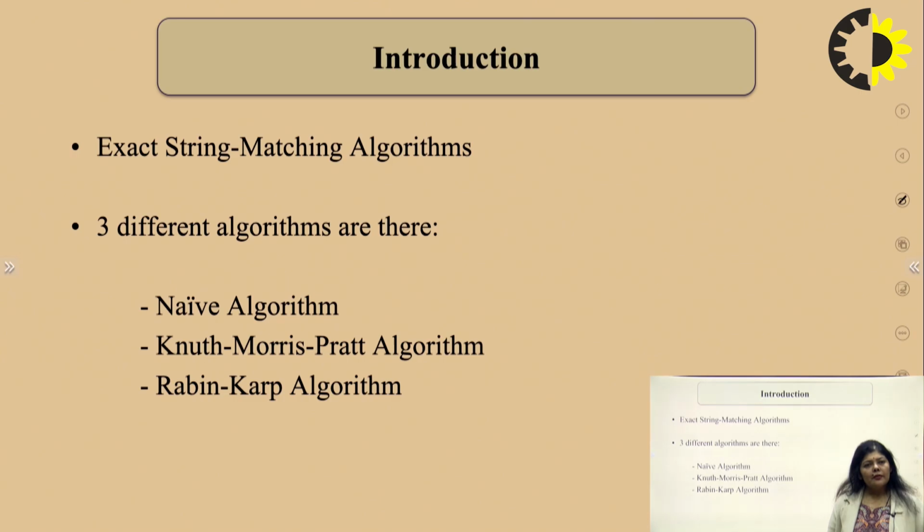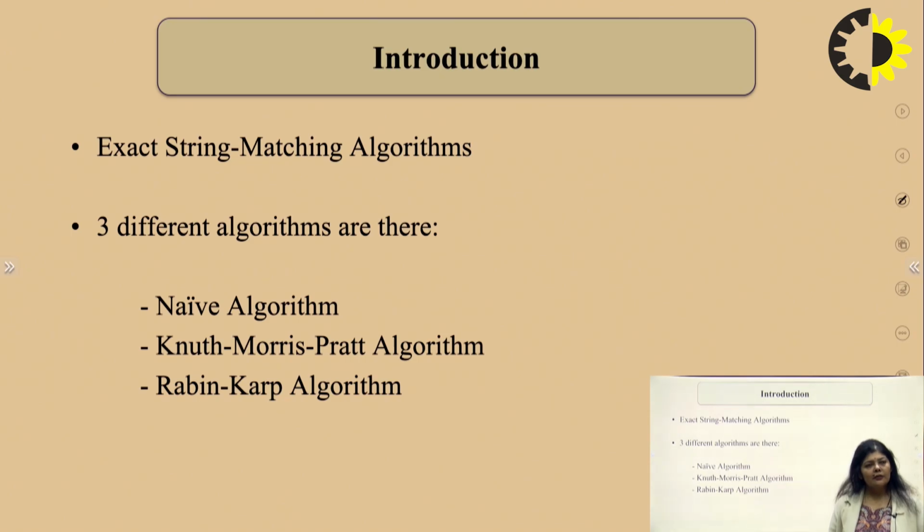Today we are going to discuss the exact string matching algorithm, which gives us the presence of the pattern completely in the given text or string, and if there is no exact match, the algorithm reports that the pattern is not found in the given text or string. For this problem, we have three different algorithms.